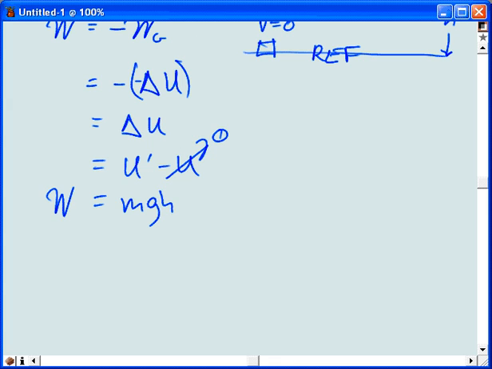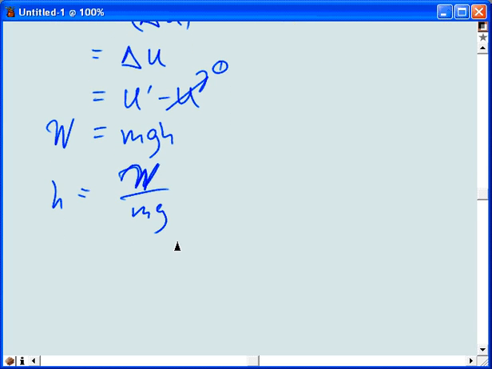Solve for the h here. Just script W over mg. It would be a little ludicrous to have that with a regular W, where the regular W is the symbol we use to represent weight, and mg is the weight on the bottom. That would just be 1. But this is work up top with the script W and mg on the bottom.